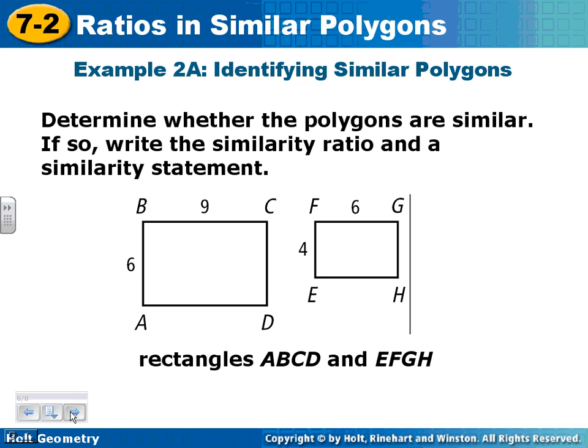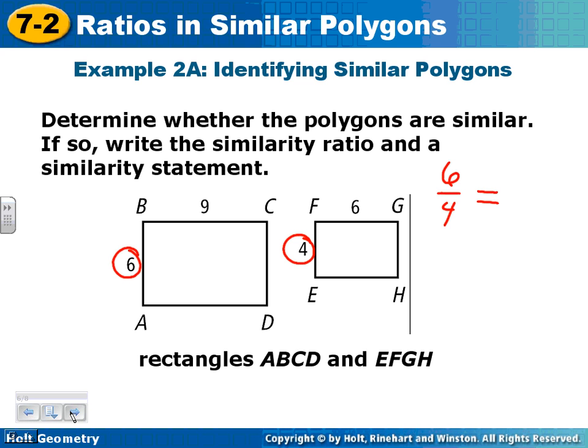It says, determine whether the polygons are similar. If so, write the similarity ratio and a similarity statement. Well, are they similar? To be similar, this 6 corresponds to this 4. So I'm going to write 6/4.